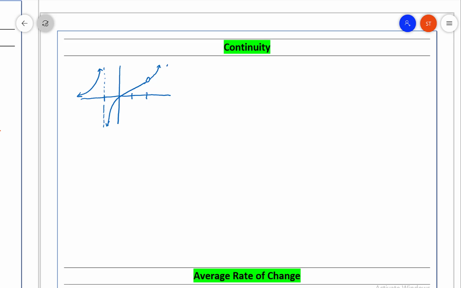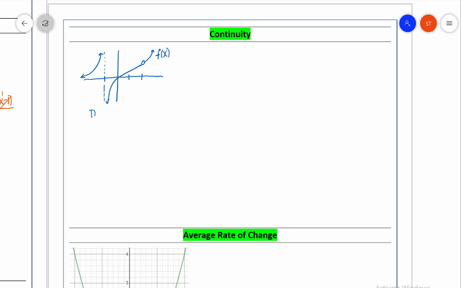What we're trying to do is find out where f of x is discontinuous. We're just going to write down the x values where you're lifting up your pencil from the paper. Here we have x equals -1, and at x equal to 2. A lot of times it's easier to label where it's discontinuous rather than where it's continuous. And we're just finding the x values when we're asked to find where it's discontinuous.